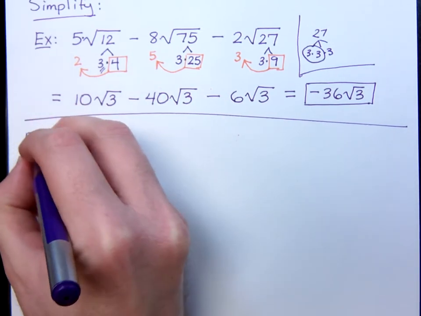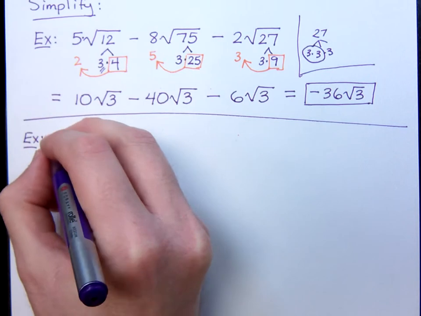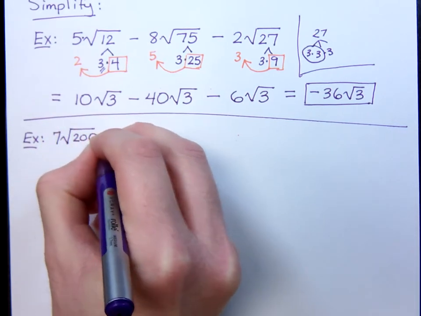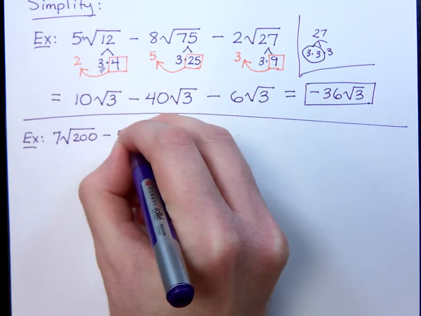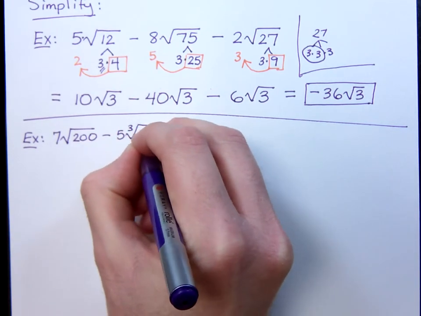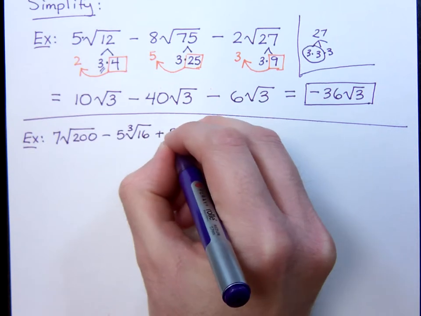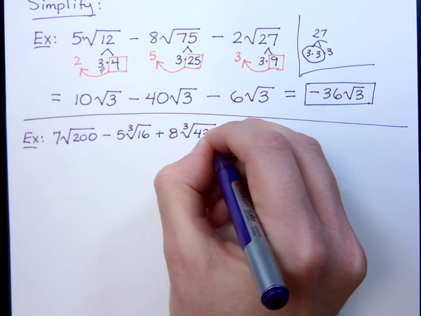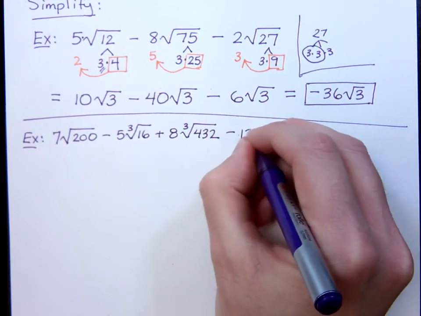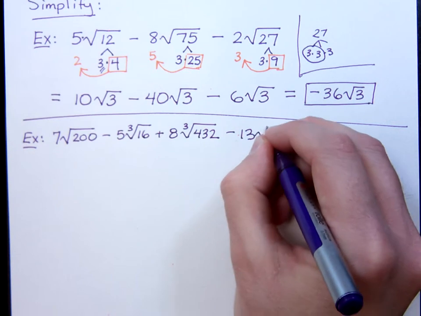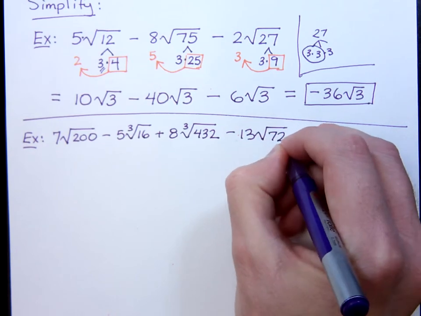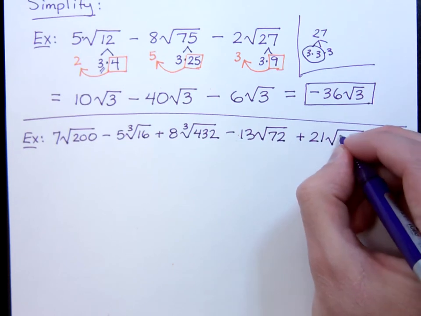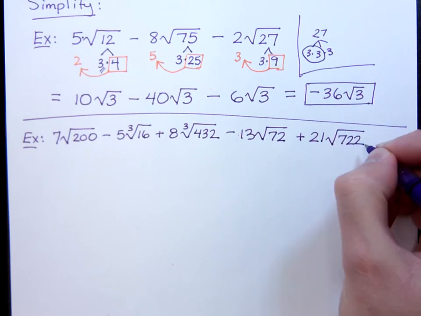Let's try another example. Make sure you're ready for this. Give yourself plenty of room. We have 7 square roots of 200 minus 5 cube roots of 16 plus 8 cube roots of 432 minus 13 square roots of 72 plus 21 square roots of 722.